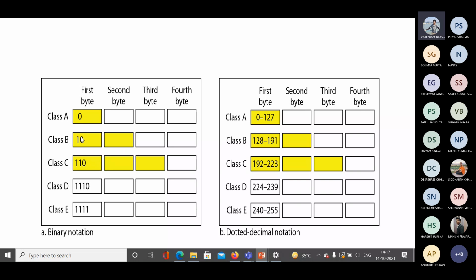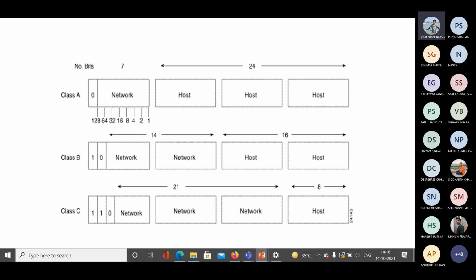Out of the first two bytes, 1 and 0 from the first byte will define what the class is. So that is class B addressing. Class C, first three bits are 110, and the rest of the 21 bits define the network part. And then the rest of the 8 bits will define the host part.